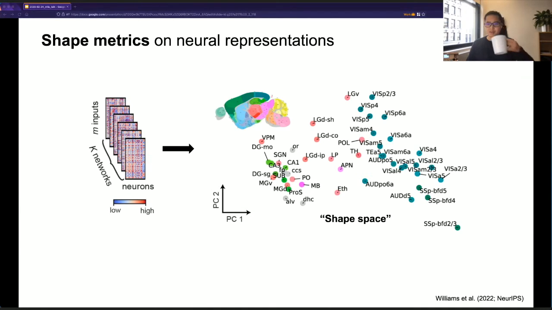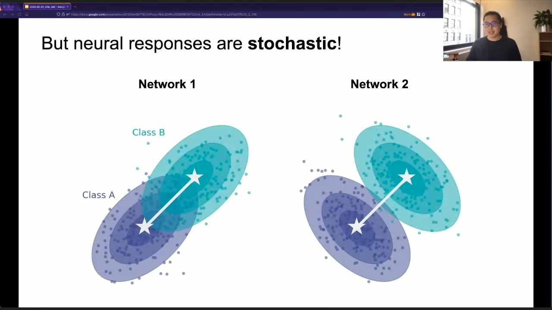So I think there are some scientists in the room. I think the first thing, especially an experimentalist will say, is that real neural responses are stochastic. Imagine now that I'm showing networks a stimulus, either some dark blue or cyan stimulus.